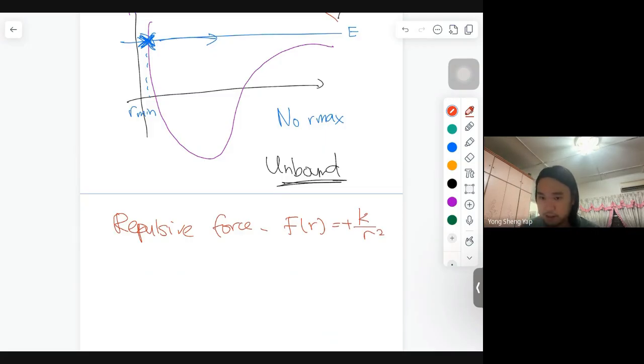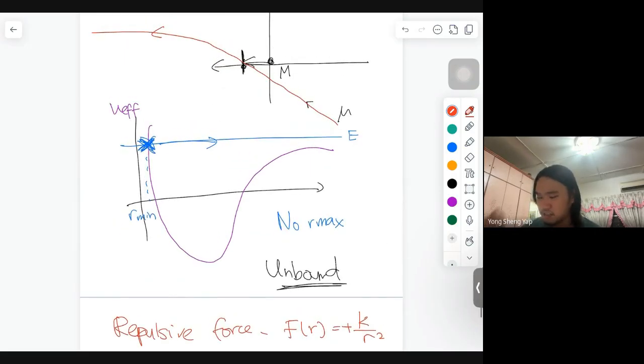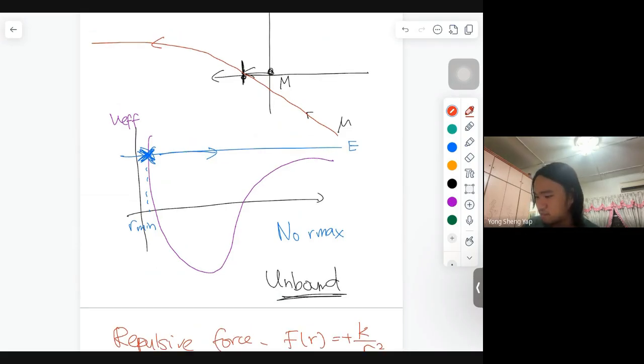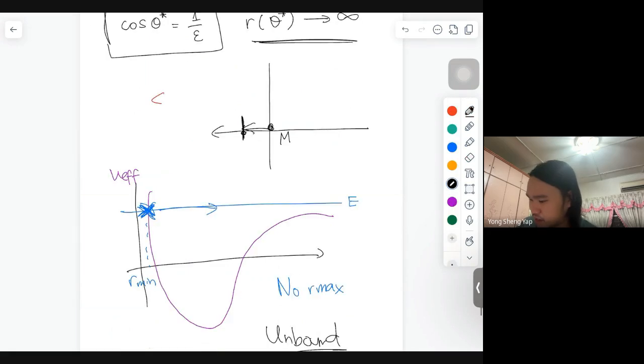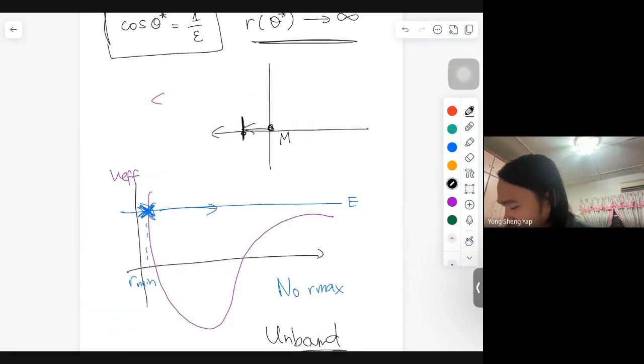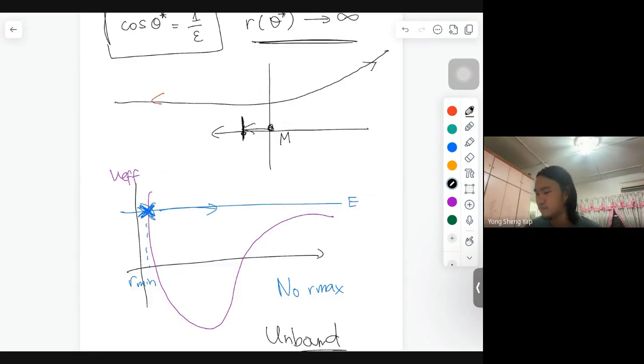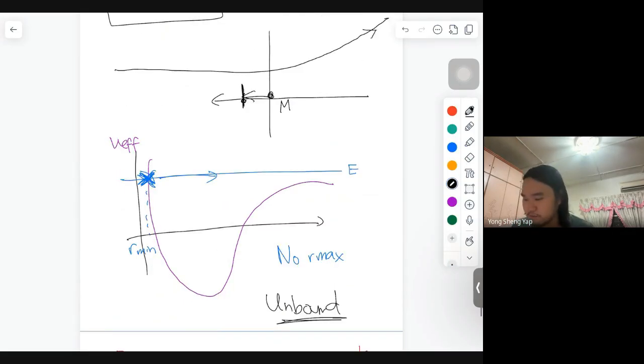It should be at the other focus. No, so it should look like this. It's drawn very badly, but the right way of drawing this is that the particle tries to approach and then flies off.